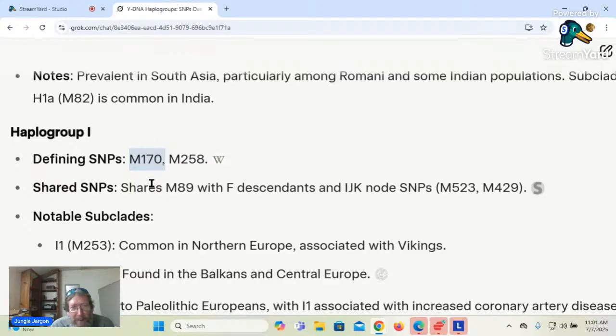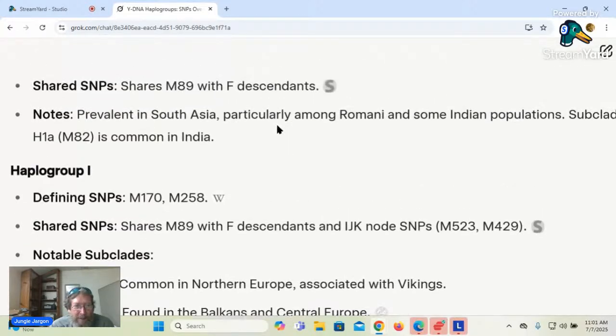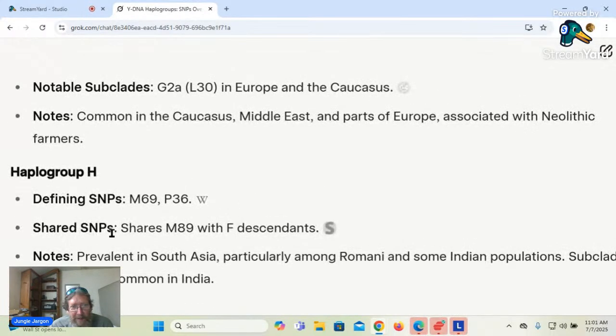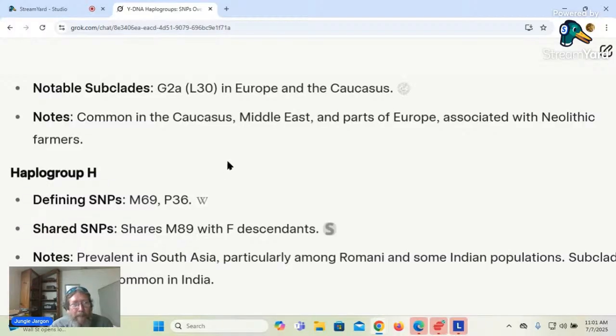Everything's downstream from there. My lineage is the M253 right there, the I1 M253. That's downstream, down in the I lineage. So these defining are all downstream, but the M89 is shared among all the descendants of Shem.